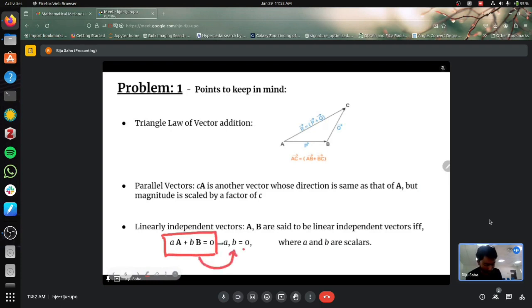What this essentially means is that suppose you have two vectors A and B, and they are linearly independent, then you cannot express one vector in terms of the other. That is saying that you can't write A as some multiple of B. So this particular thing is not allowed for the case of linearly independent vectors.